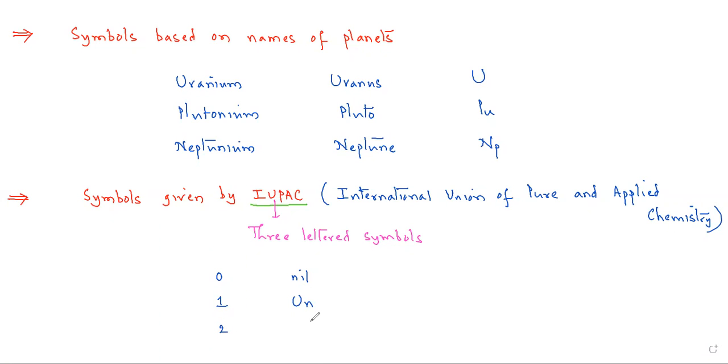If it is a 2, we say bi. And if the digit is 3, we say tri. 4, of course, is called quad. 5, pent. 6, hex. 7, sept. 8, oct. 9, enn.